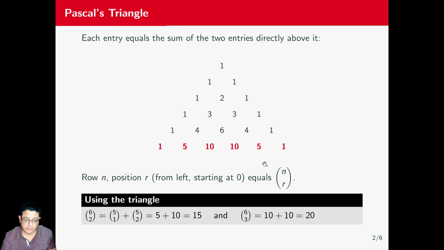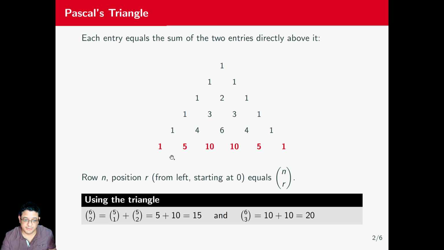So for example, row 6, position 2 can be computed as 5 choose 1 plus 5 choose 2, which is 10 plus 5, which is going to be 15. So you're going to have 15 here.